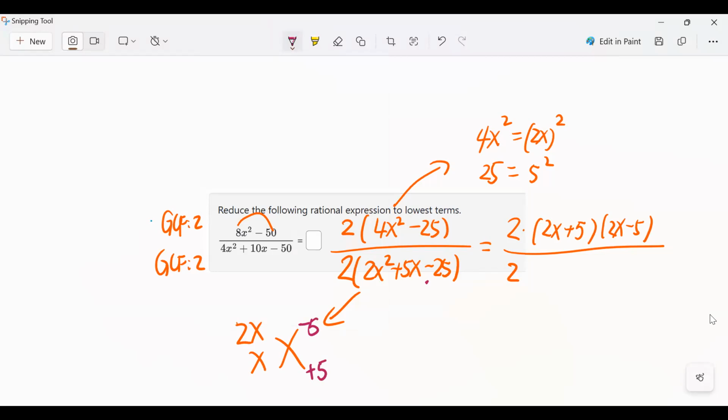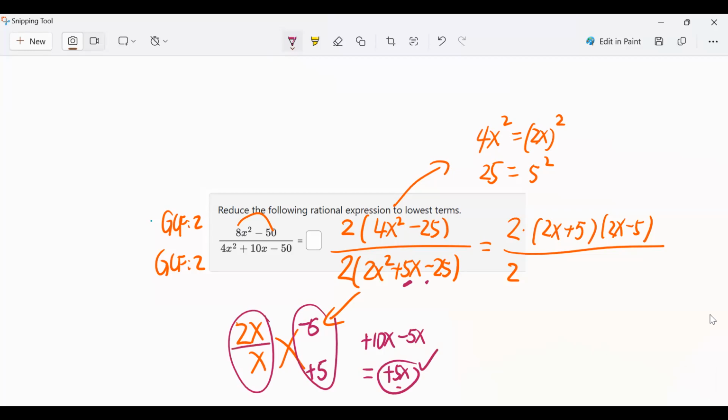When we cross multiply, 2x times 5 is 10x, and negative 5 times x is minus 5x. The difference is 5x, which matches the middle term. So the first term, last term, and middle term are all confirmed. We get 2x minus 5, x plus 5.